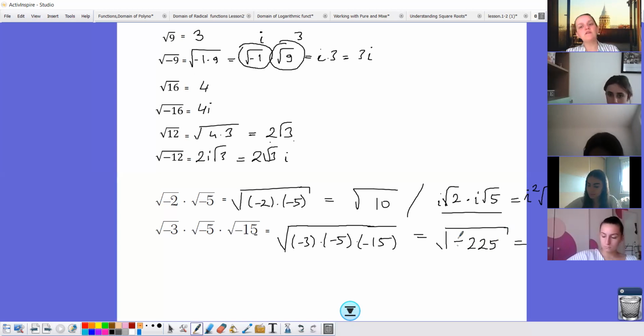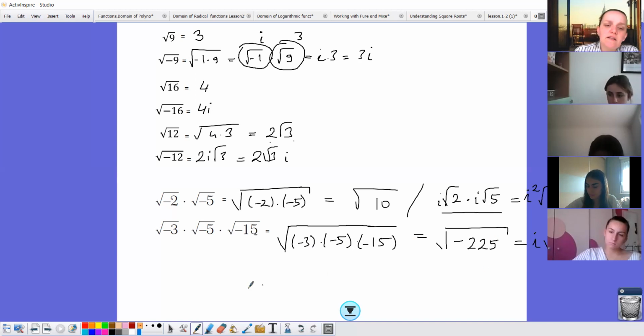Now here, this minus root of -1 will come out as i. And root of 225 is, do you remember? It's 15. So we found here i 15, or 15i.